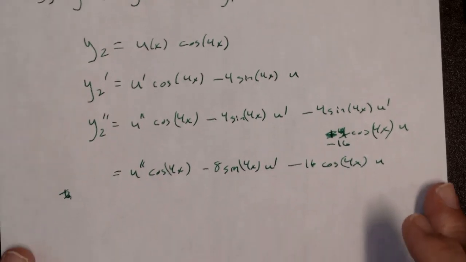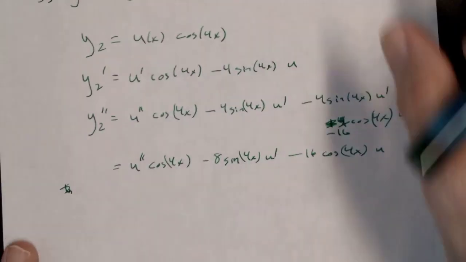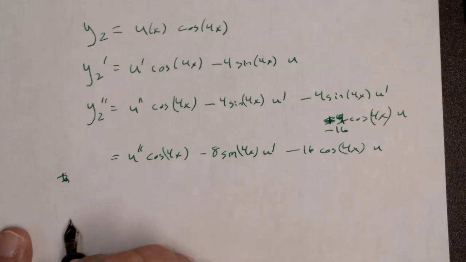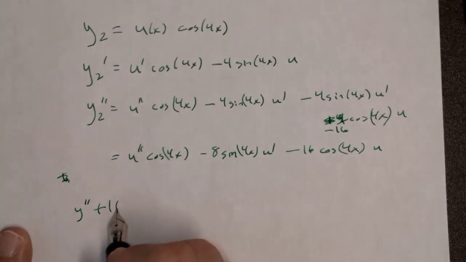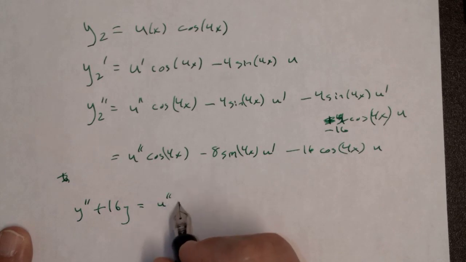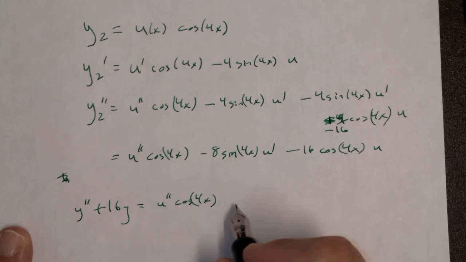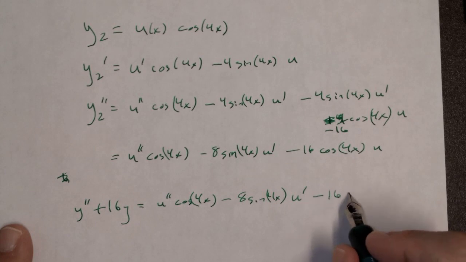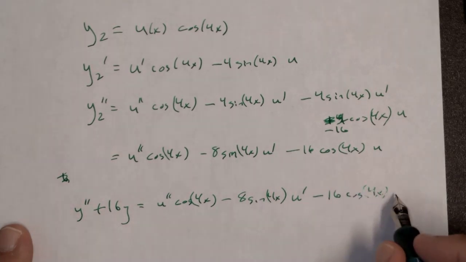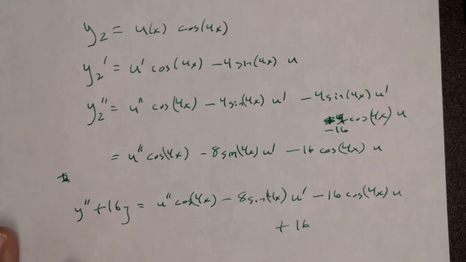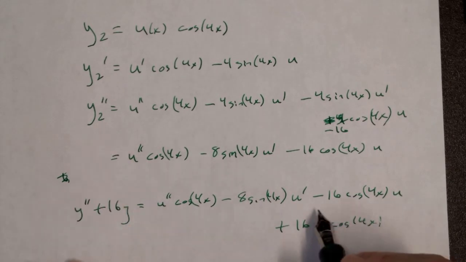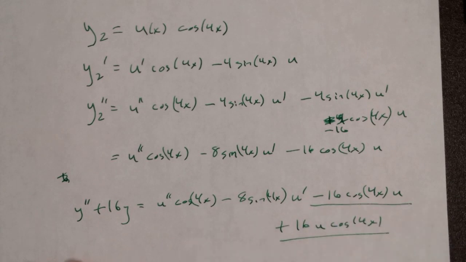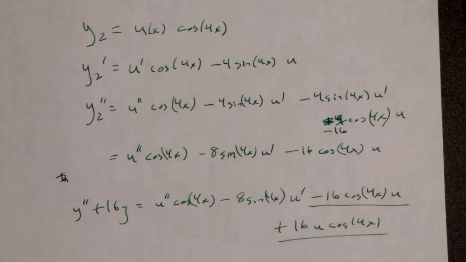This is y double prime. So that's u double prime cosine 4x minus 8 sine 4x u prime minus 16 cosine 4x u plus 16 times y, which is u cosine 4x. Hey, look, this and this cancel out exactly, don't they?